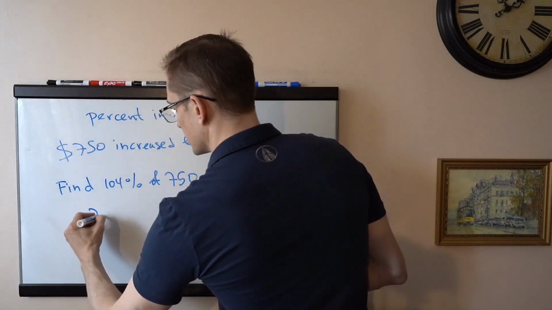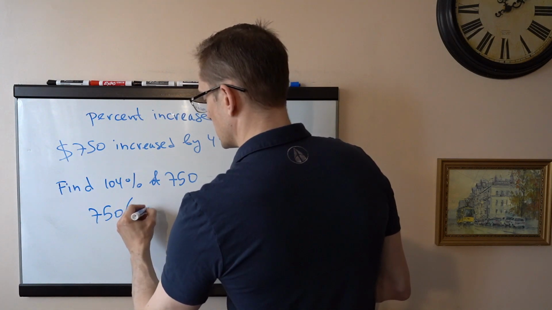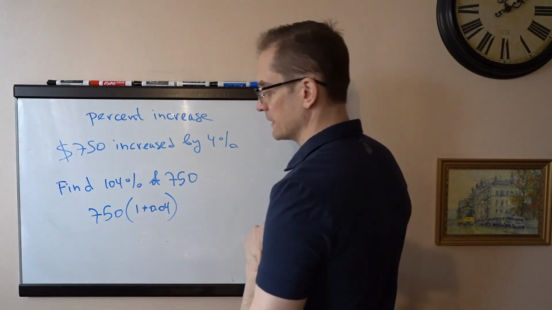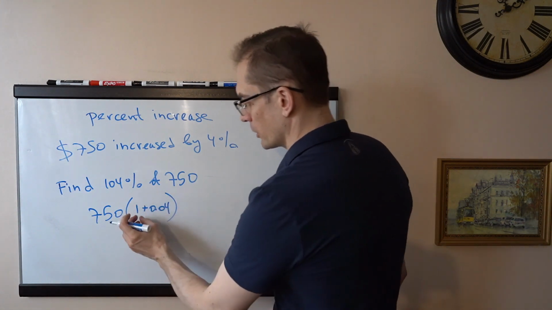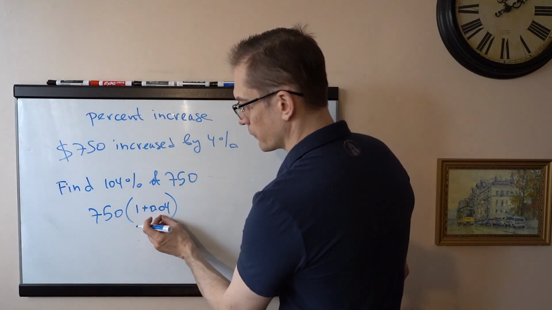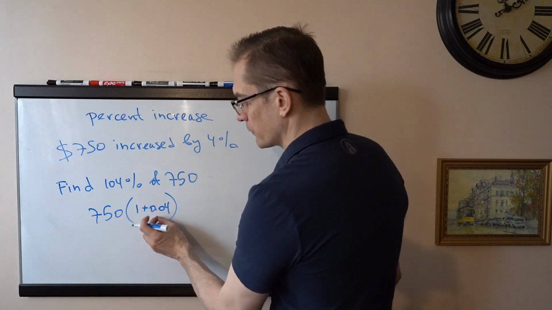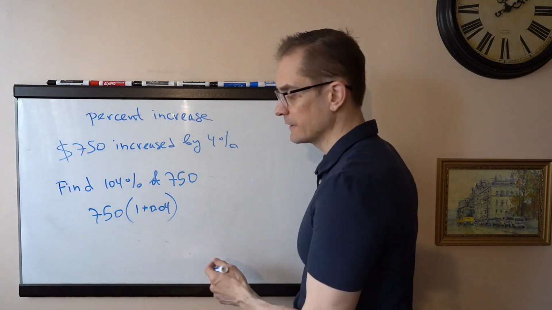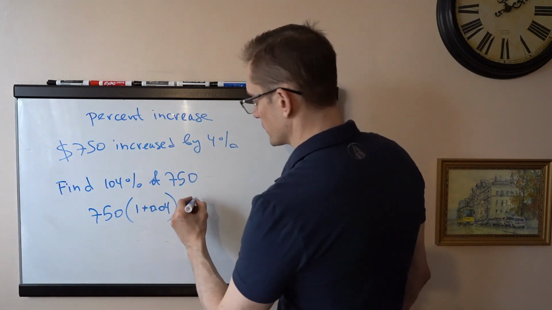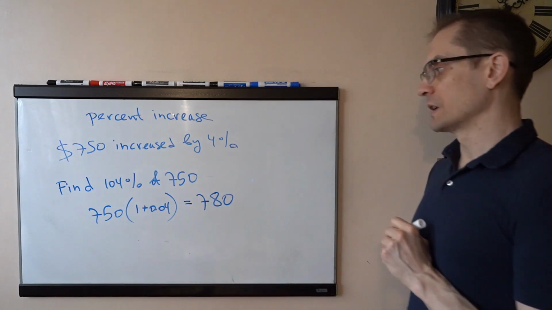This means that we'll take 750 and we'll find then one stands here for 100% and 0.04 stands for 4%. 1 plus 0.04 stands for 104%. So we find 104% of 750. Of course, that will be the same $780.